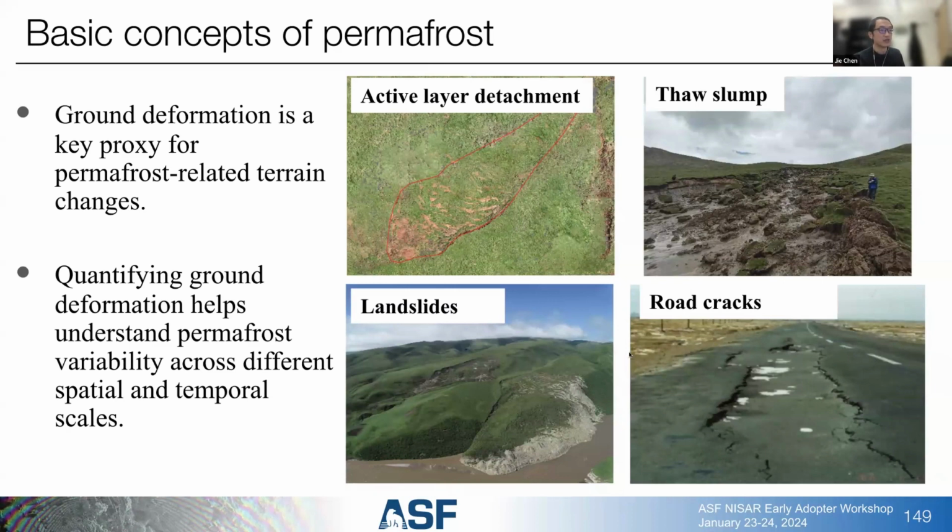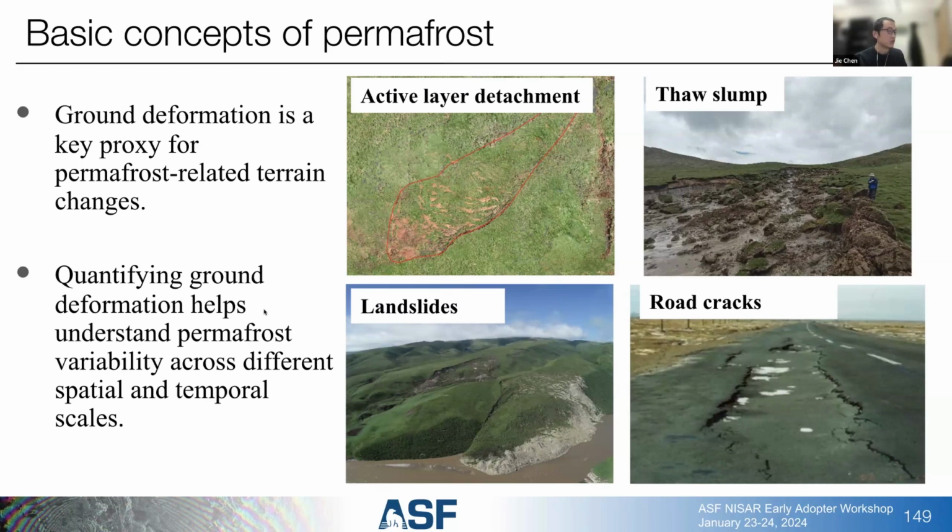Another key component, which has been very hot in recent years, is permafrost carbon. A large amount of carbon is stored in the permafrost layer, and once it thaws, it may release a large amount of carbon and provide positive feedback to climate warming.